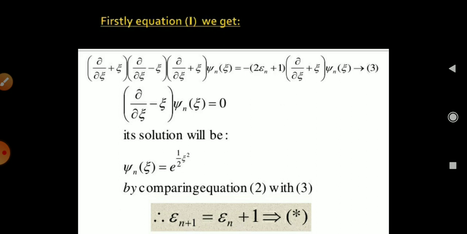So its solution will be psi n(epsilon) equals e raised to the power 1 by 2 epsilon square. By comparing equations 2 and 3, we get epsilon n plus 1 equals epsilon n plus 1.